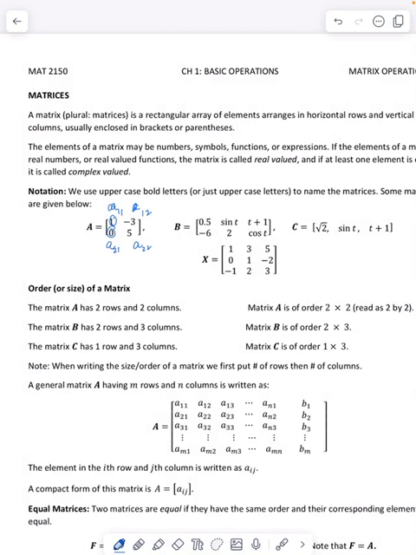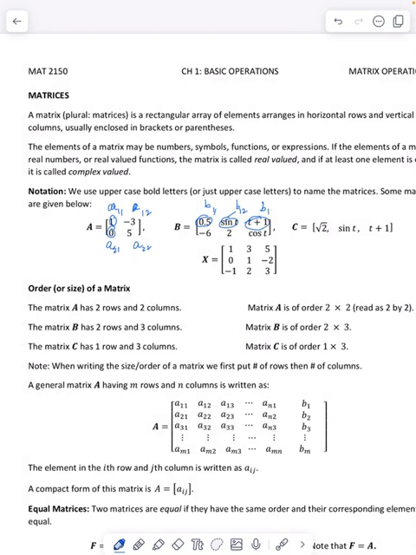In the same way, the entries of B here, 0.5 can be denoted by little b 1 1, the sine of t can be called little b 1 2, and this function t plus 1 can be called little b 1 3. Always we put the number of rows first and then the number of columns, and that also gives us the order, or size, of the matrix.